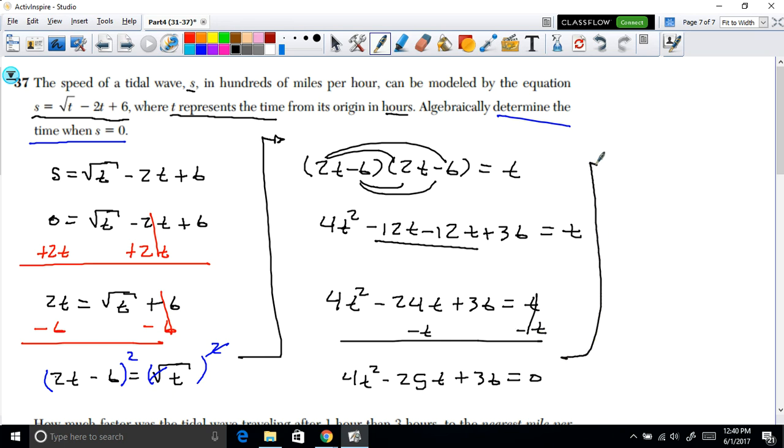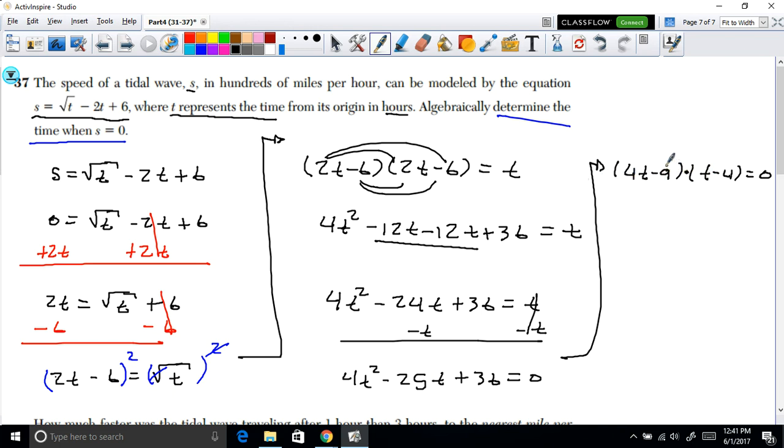If you factor this, you're going to end up with 4t minus 9, let me rewrite that, and t minus 4 equal to 0. All we did was factor the left side, but we don't have enough space, so I'm just going to write down the factors. Now, once we have it in this form, we have what is called factored form.